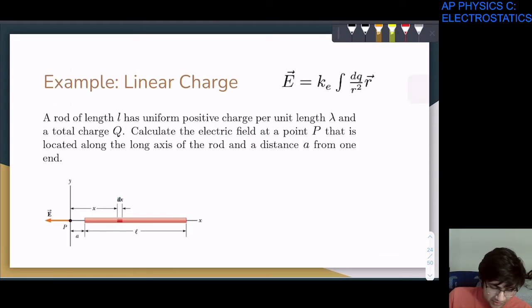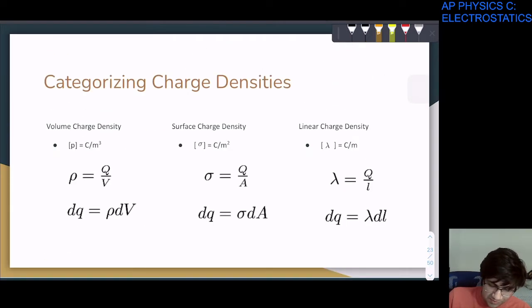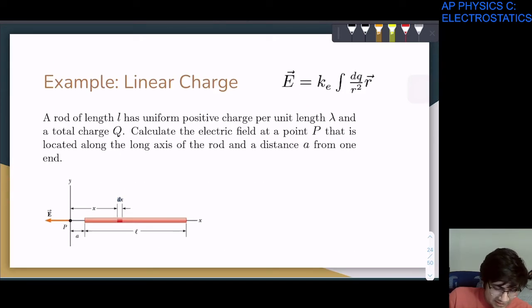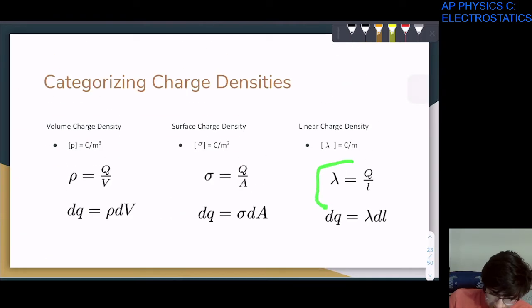In this problem here, I'm not even going to read it. I look at it, I see an x-axis, it's 1D. We're going to be using this equation somehow. All right, let's read it. A rod of length L has uniform positive charge per unit length lambda, so they're already giving us this parameter.